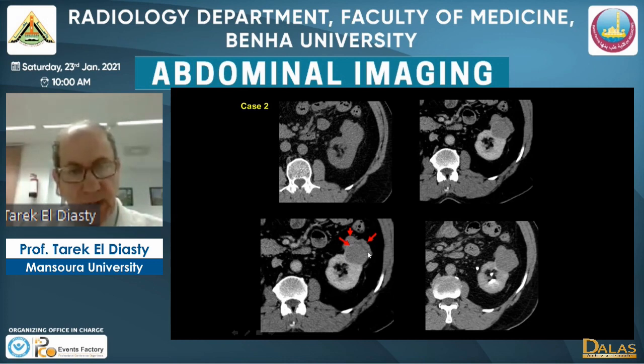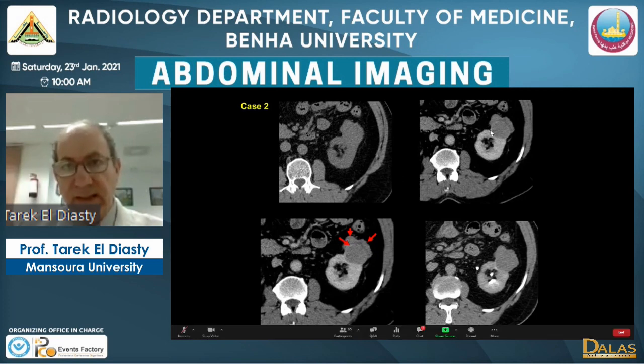So if it is confined to this line, it is T1 or T2 according to the size. If there is this irregular extension here beyond the confines of the kidney, so it is extension beyond the renal capsule, it is a T3A tumor.